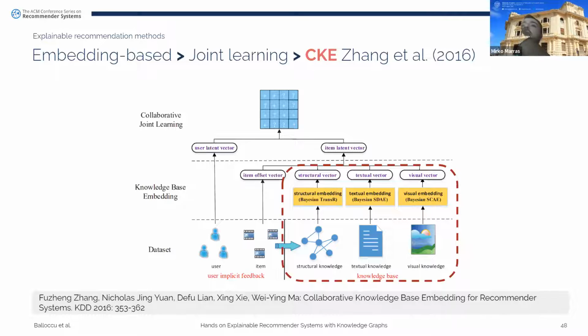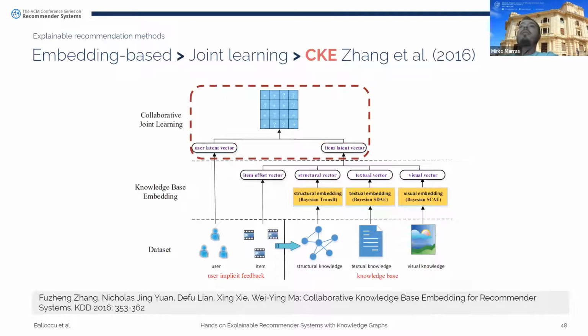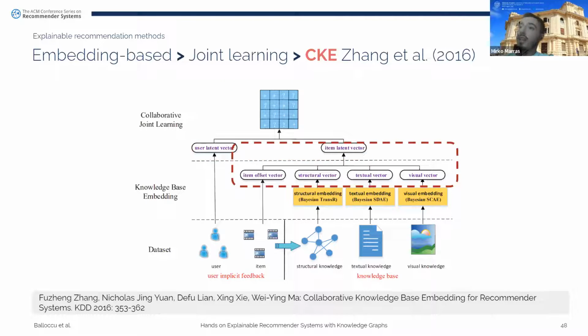These embedding vectors represent the item latent representation together. In the collaborative joint learning step, the final item latent vector would represent an item's knowledge from structural content, again textual content, visual content, as well as historical user-item interaction.